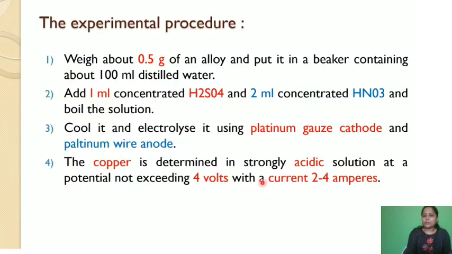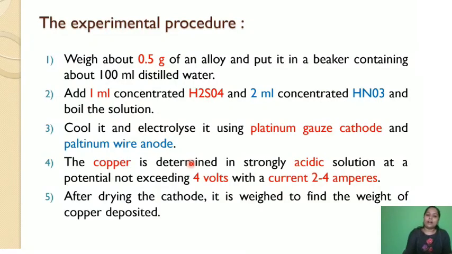The copper is determined in strongly acidic solution at a potential not exceeding 4 volts, with a current of 2 to 4 amperes. The solution must be acidic.